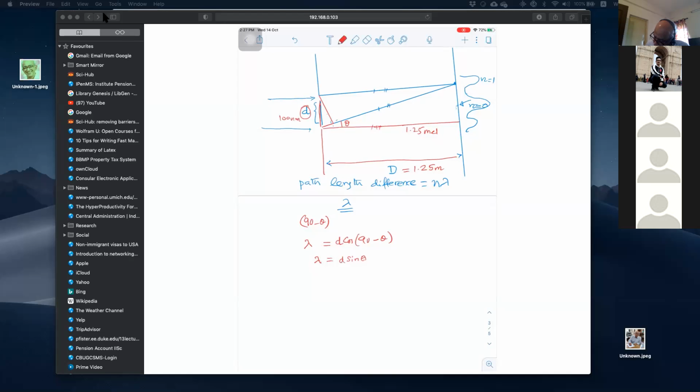Right behind this part, if I drew a perpendicular like that, this is again 1.25 meters.